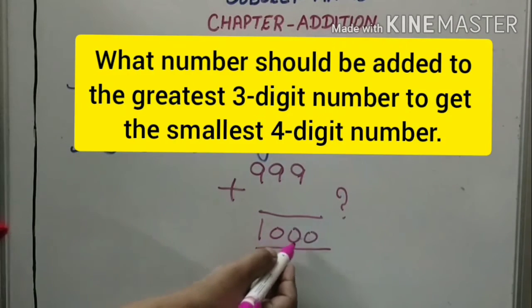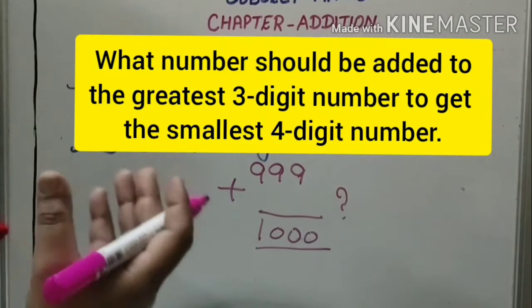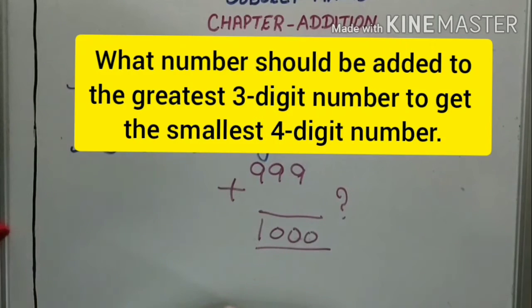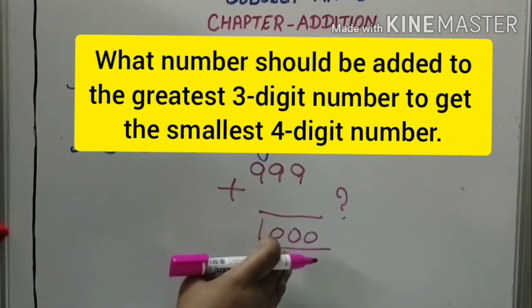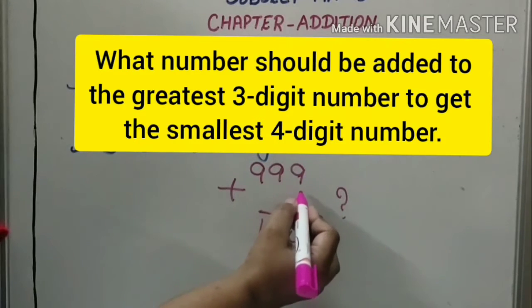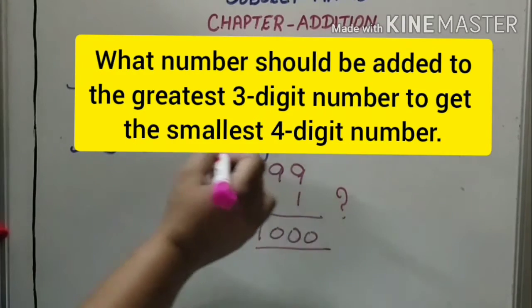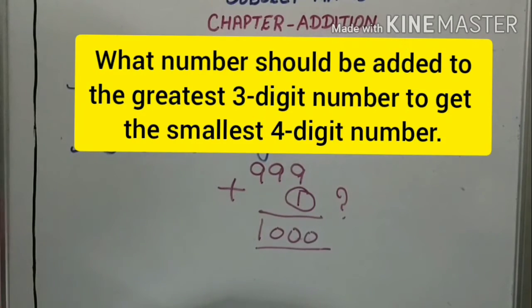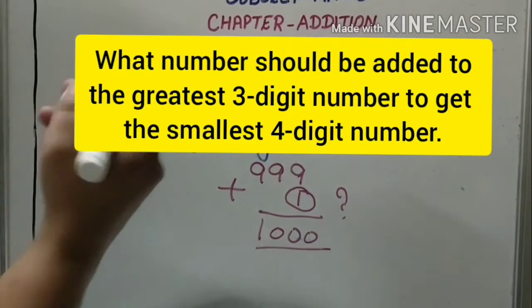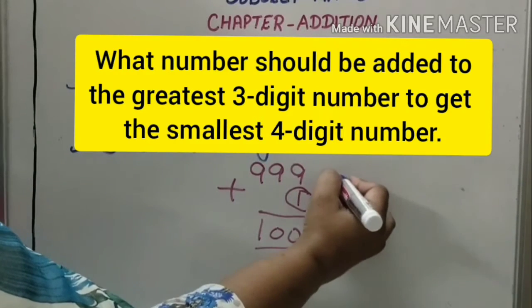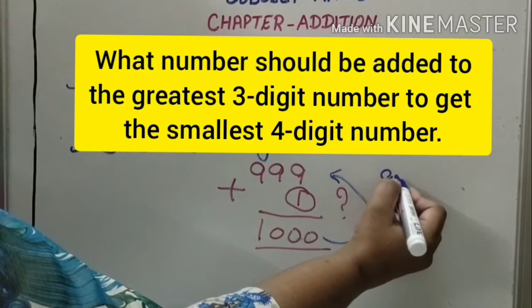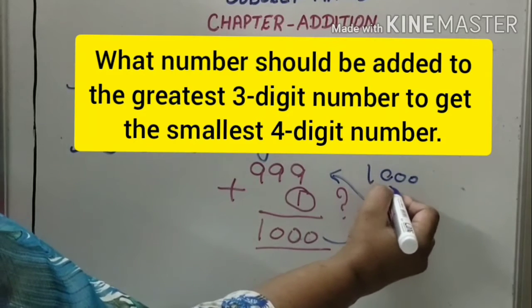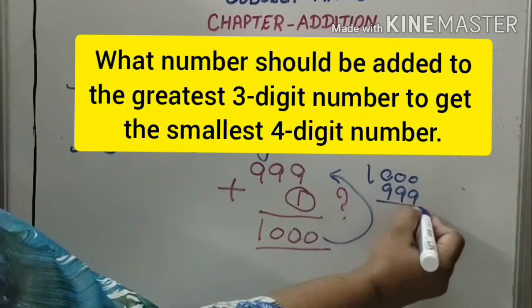Now children, simply you can see 999. What comes after 999? 1000. Okay, so that means if we will add 1. How this 1, children? How I come to know that here it will come 1? When this type of question comes, children, we can subtract the smallest number from the bigger number.